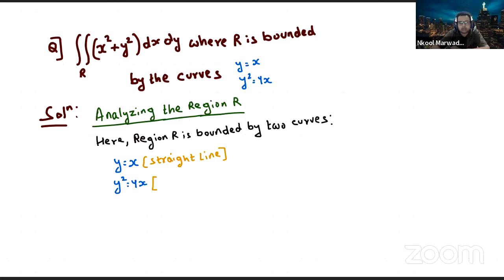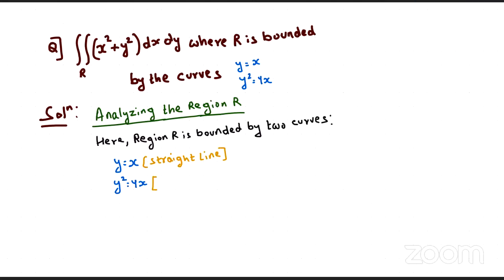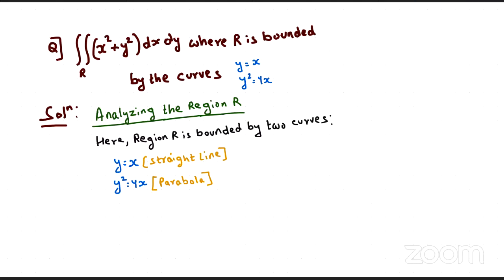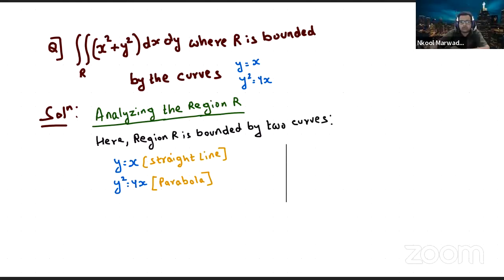It is a parabola. Definitely you can draw these figures. There is a trick for how to draw. Like a rough diagram we have to make, a very rough diagram.